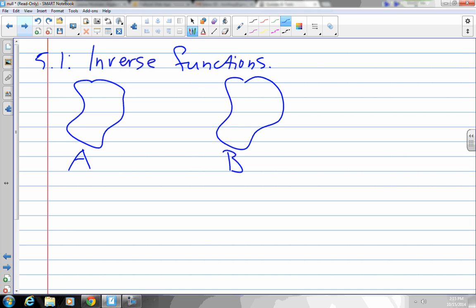A function will take a point from the domain and turn it into a point in the range. That's what a function does. The inverse function will take that same point from the range and place it back into the domain. That's what the inverse does.